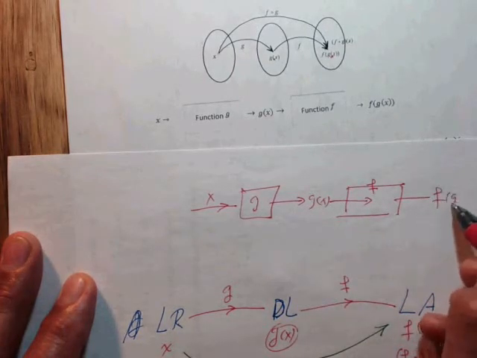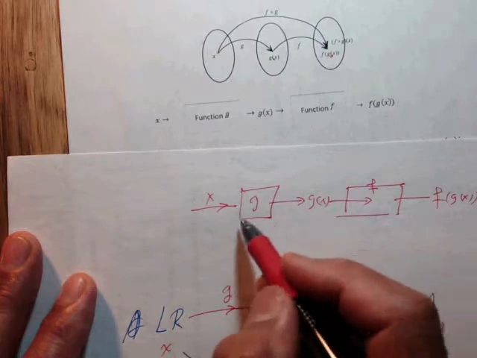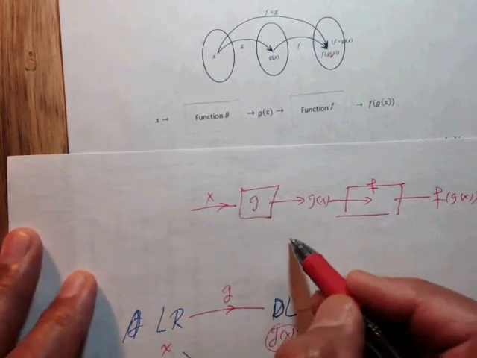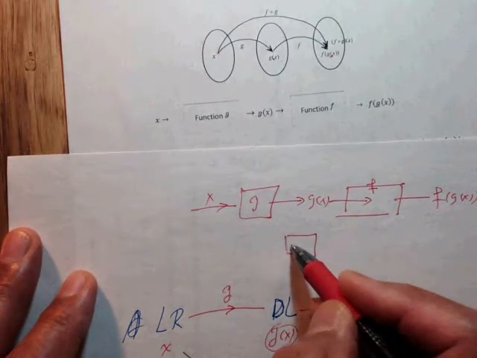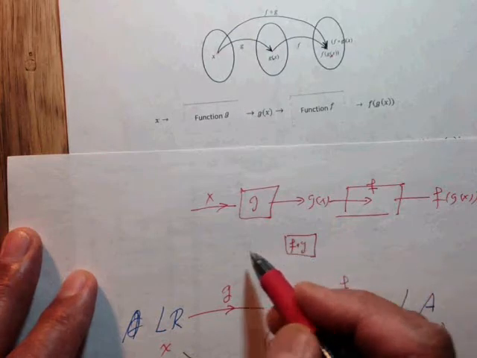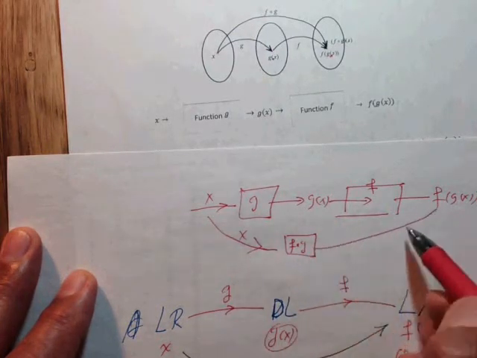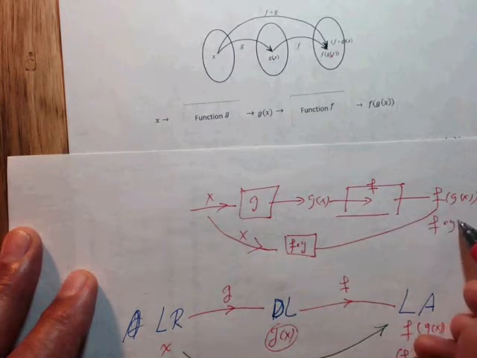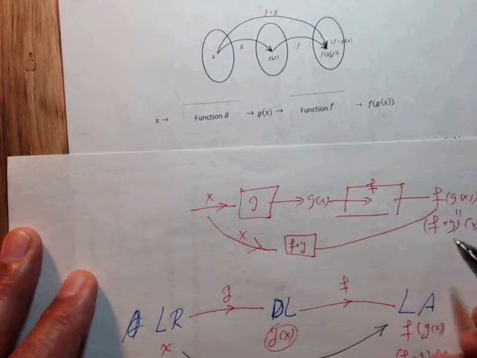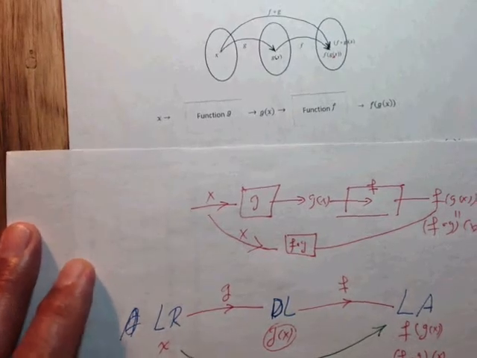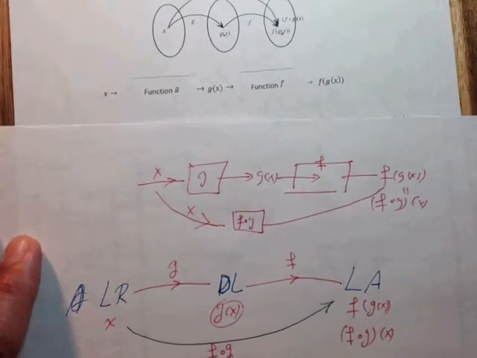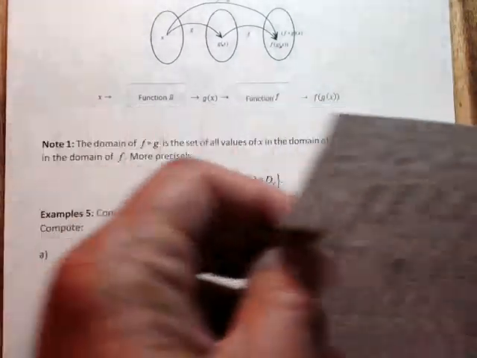F of G of X. Now we can combine these two machines and make one single machine. Call it F circle G. Then you put X in there, then F circle G at X comes out. So these two must be equal. See? So basically that's what we have.